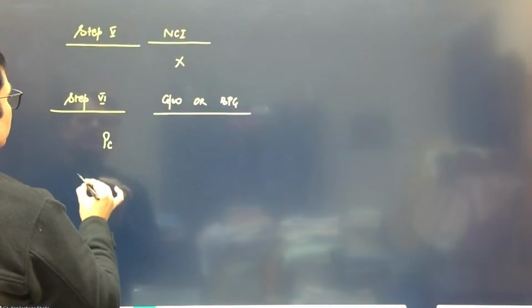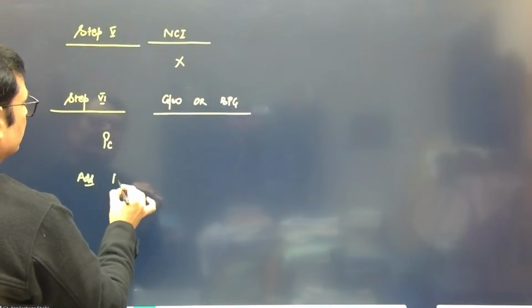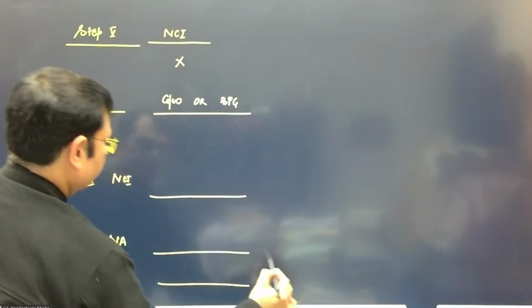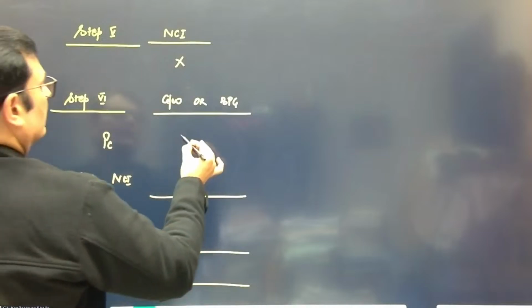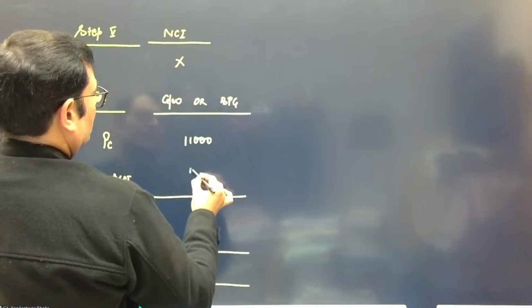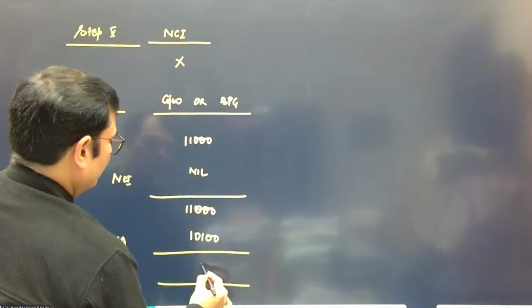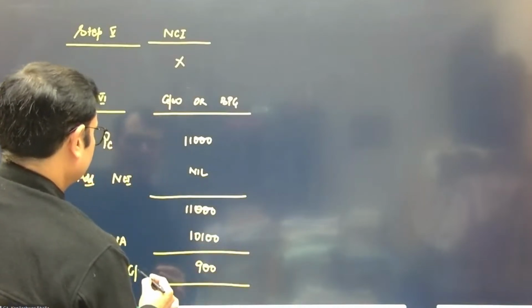We consider the purchase consideration, add the NCI if any, and compare this with the net assets on acquisition date. The purchase consideration was 11,000, there was no NCI, and the net assets were 10,100. So we get a difference, goodwill, to the tune of 900.